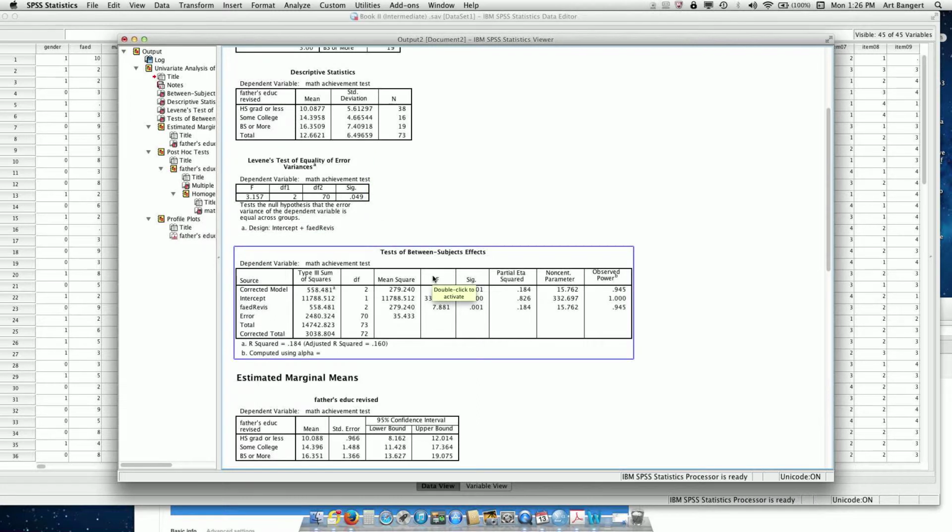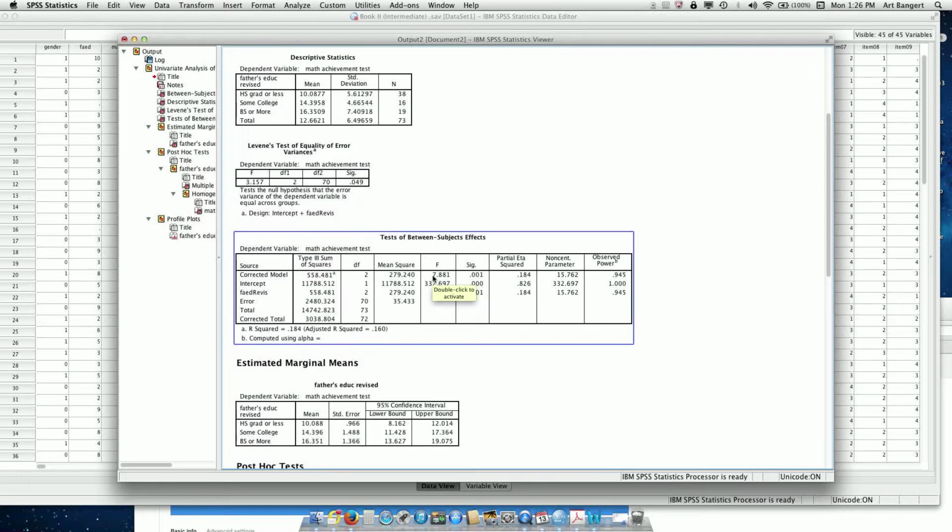This is our analysis of variance summary table. And in this case, in the general linear model, it's called the test of between subjects effects. The most important row for us to be concerned with is the father's education revised row. And this says that at 2 degrees of freedom, our F statistic is 7.88, and that it's significant at 0.001.